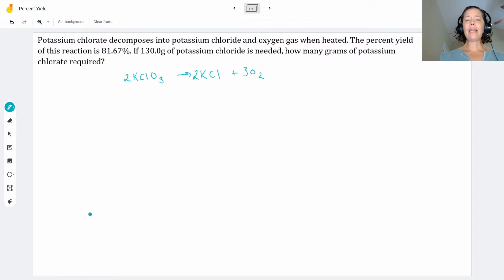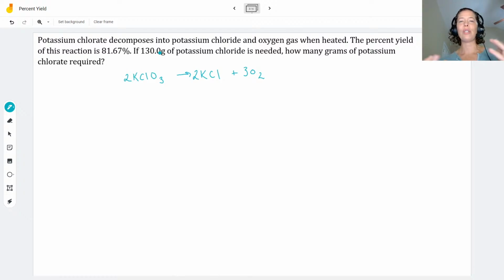Okay, let's now dive into how we are actually going to do this. In this case, we know how much is needed and we know our percent yield. So what this means is we're going to need a little bit of extra, right? If this was 100% yield, then all we would need to do is take this 130 grams and predict how much reactant we needed. But it doesn't quite work like that because obviously most reactions don't go to 100%.